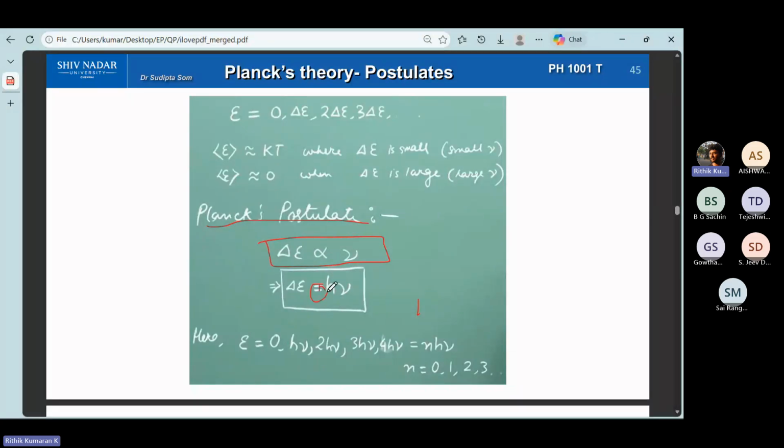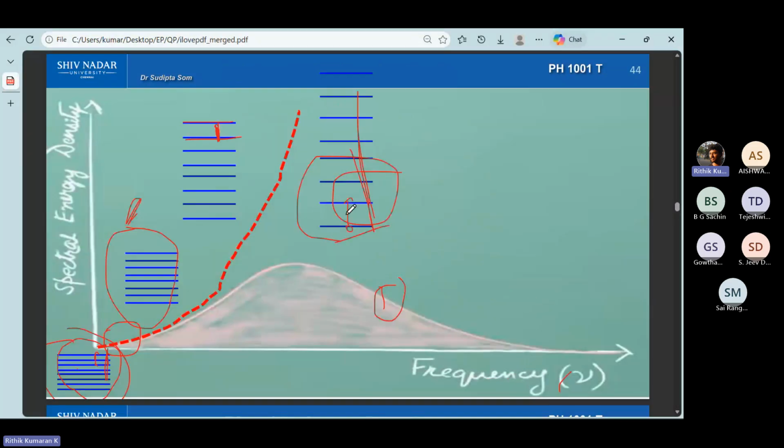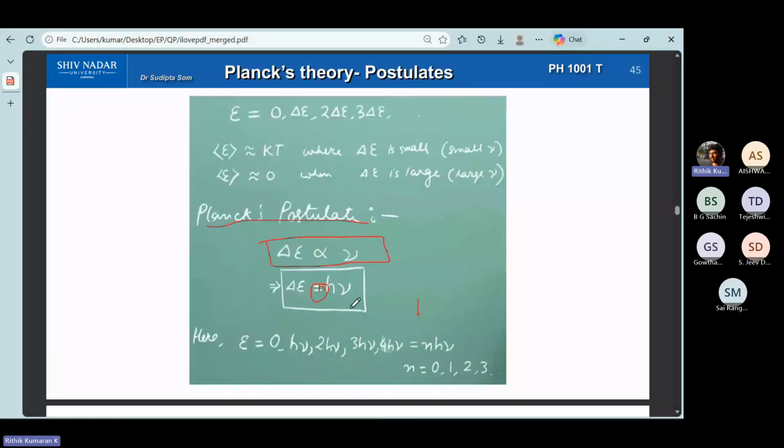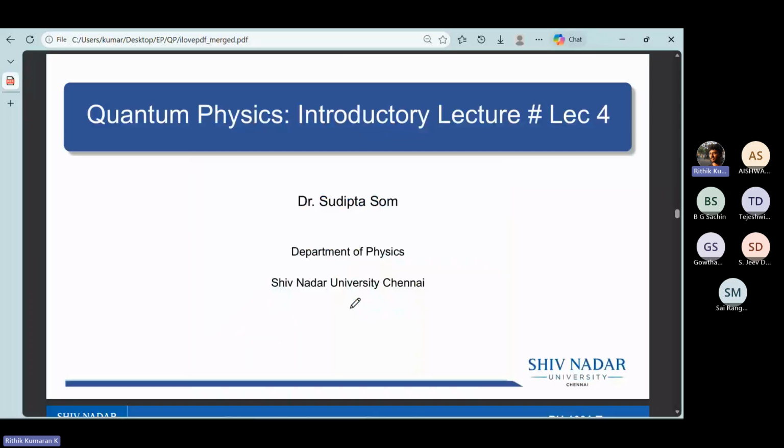What is this n term? This is an integral value. It can have any values like 1, 2, 3, 4. What does it state? That the atoms cannot exist in the transitional states. It can exist only in the stable energy levels. So this is hv, this is 1 hv, 2 hv, 3 hv. So this 1, 2, 3 is the n, which is an integral value. This is what the whole thing states.